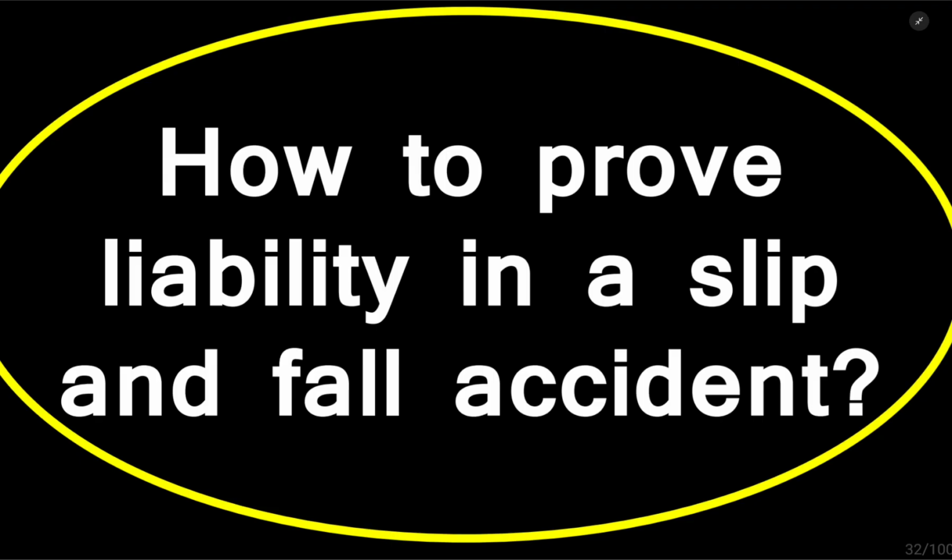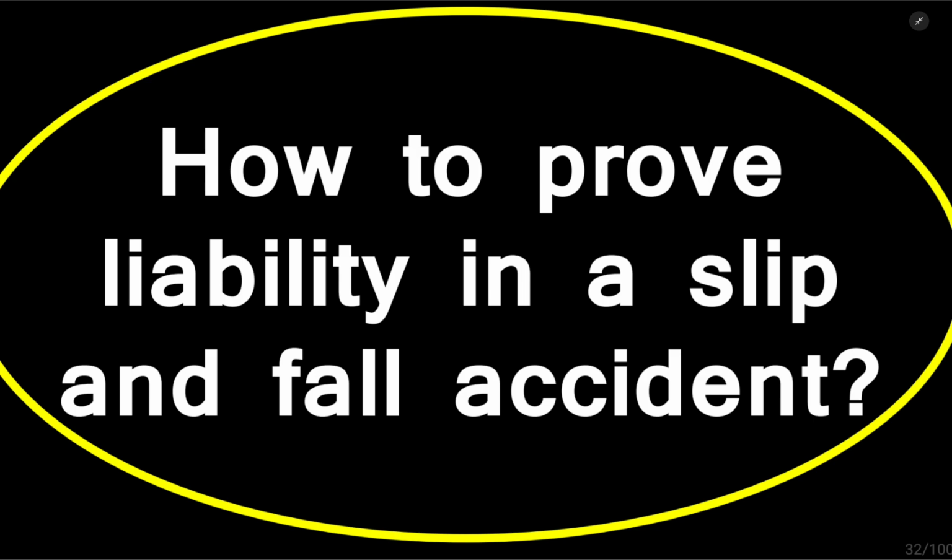If the hazard had existed for a long time or was obvious, you can argue that the property owner should have known about it and fixed it sooner. Mention that in some cases, evidence of similar incidents or accidents in the same location may help prove that the owner was aware of the dangerous condition.